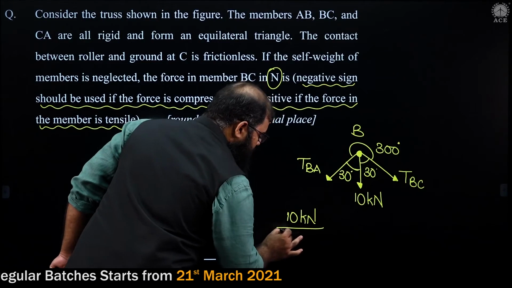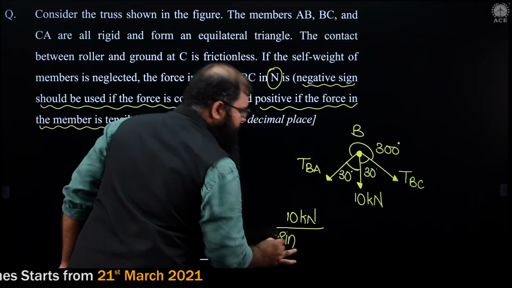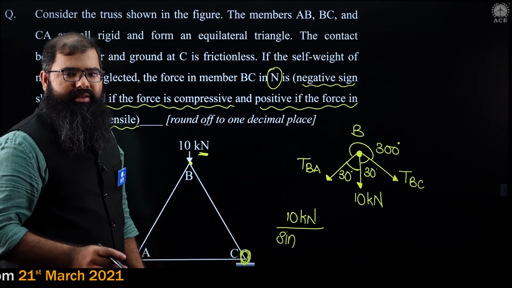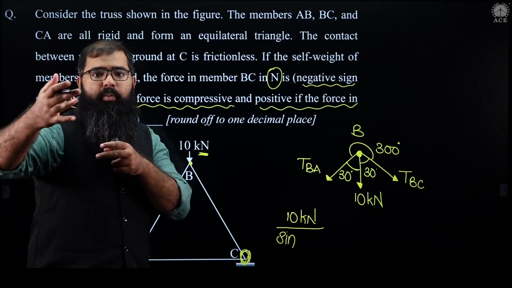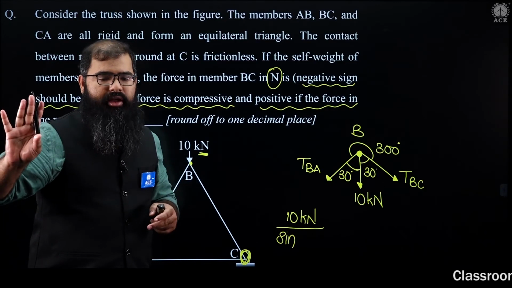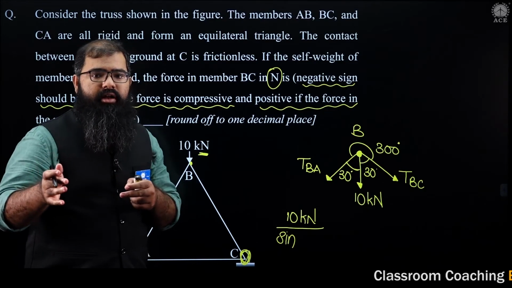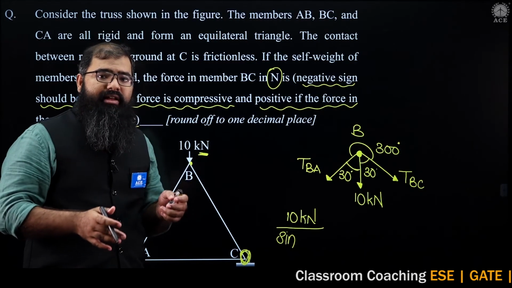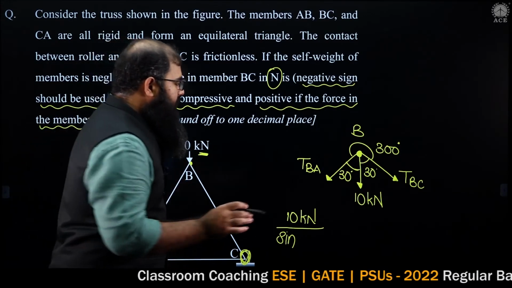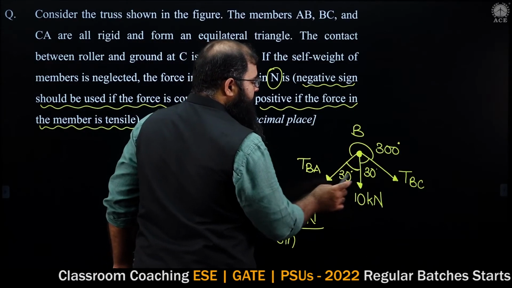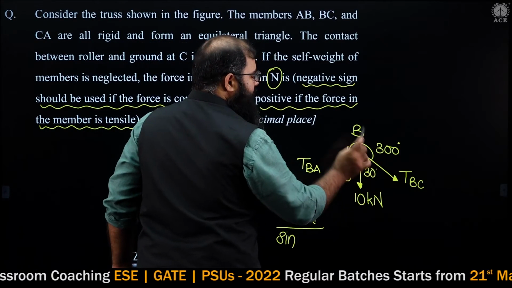upon sine of opposite. See, generally people have a misconception that opposite means exactly opposite, literal sense opposite. No, it is not literal sense opposite. For us, opposite actually means the angle included between the other two forces. The other two forces over here happen to be BA and BC. Angle over there is 300.